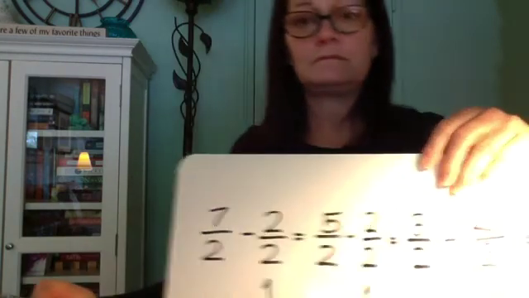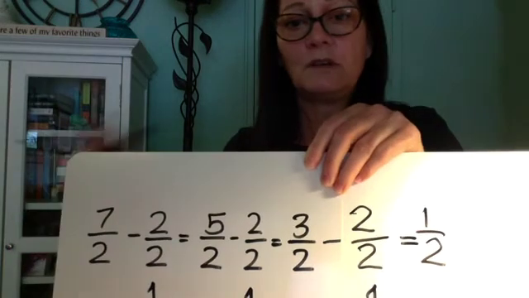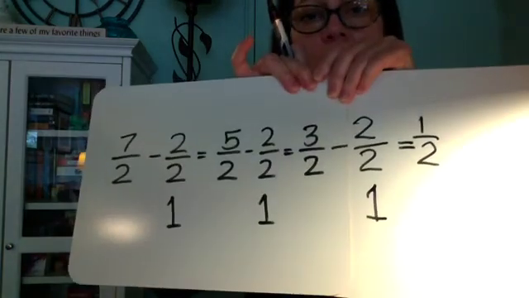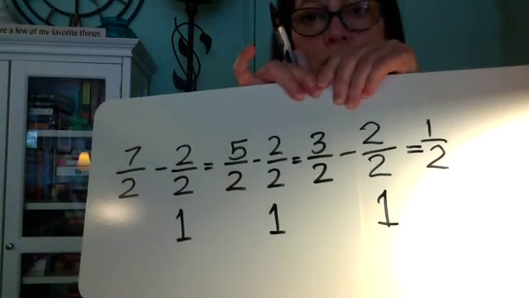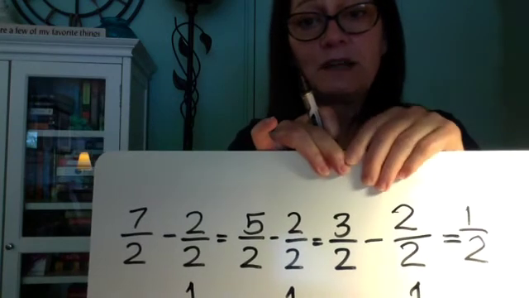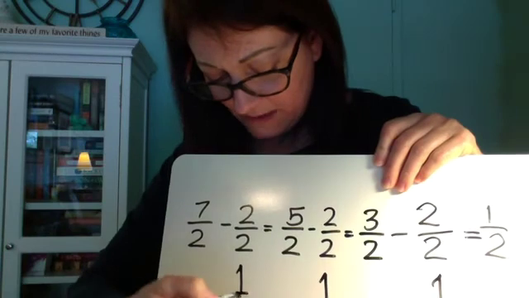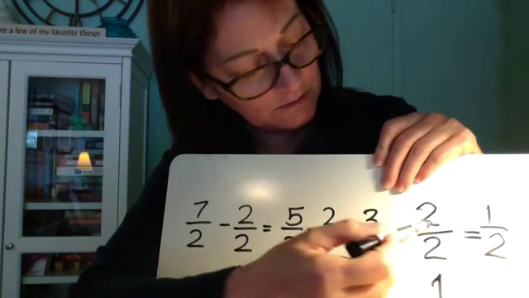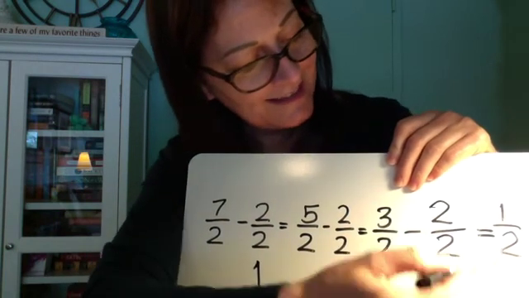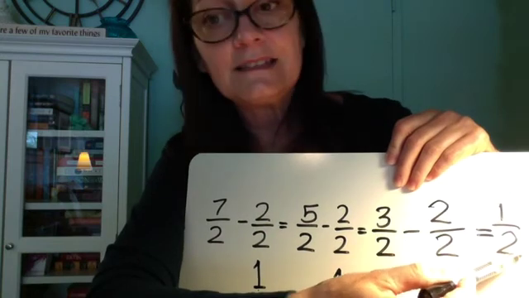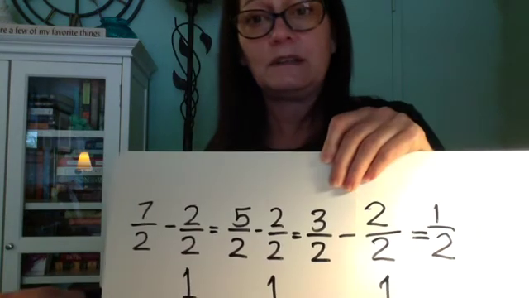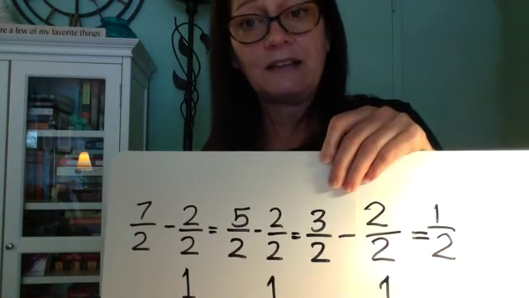Right? So, looking on the bottom, I had 1, 2, 3 wholes, right? I took out 2 halves, made it a 1. Took out another 2 halves, made it a 1. Took out another 2 halves, made it a 1. And I still have 1/2 here, but I can't use that one to make it a whole. I have that left over.